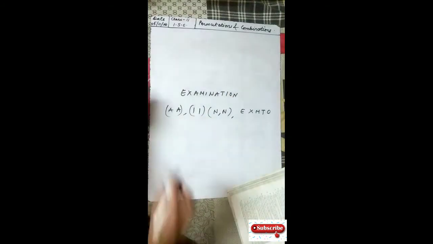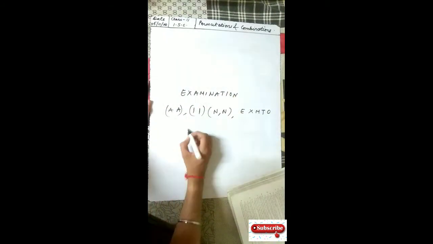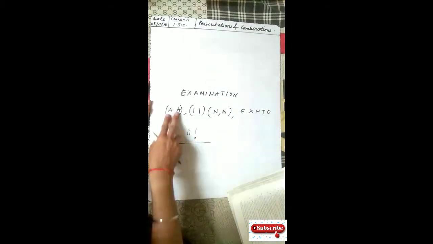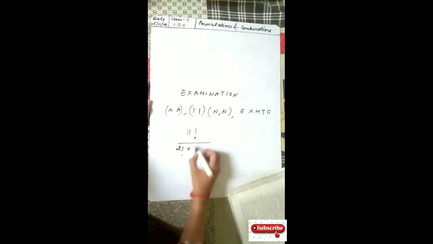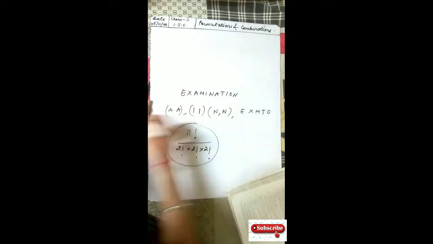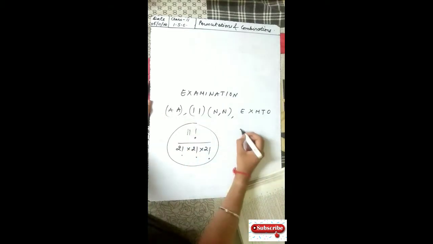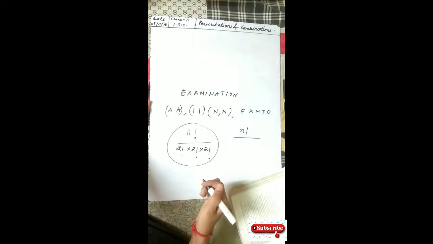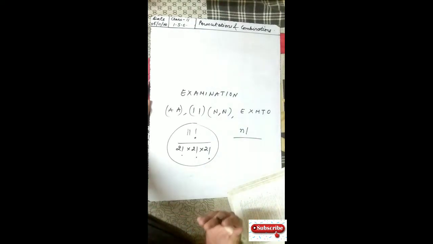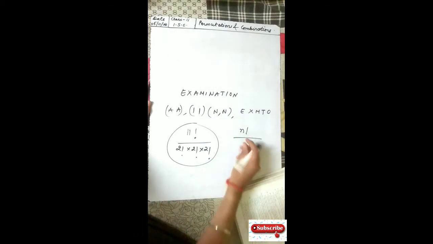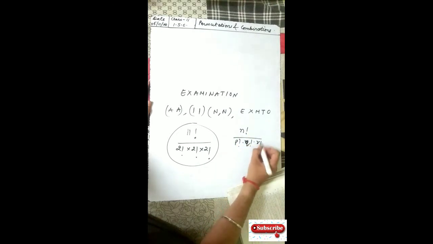Correct. Now how will we do it? There are a total of 11 letters. So 11 factorial upon how many things are repeating? 2 factorial into 2 factorial into 2 factorial. This is what the formula says: if you have n objects, find n factorial divided by, when p objects are alike, q objects are alike, r objects are alike, the factorial in the denominator, that is p factorial into q factorial into r factorial.